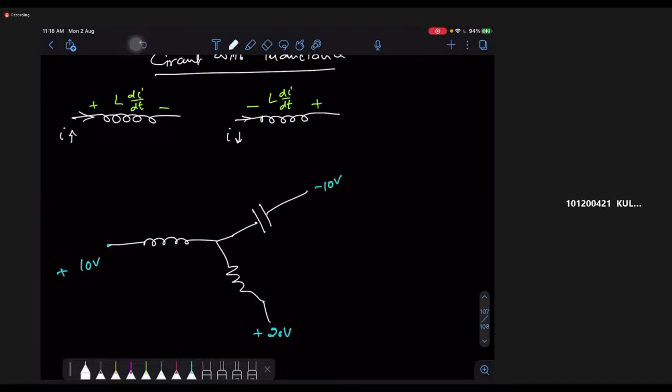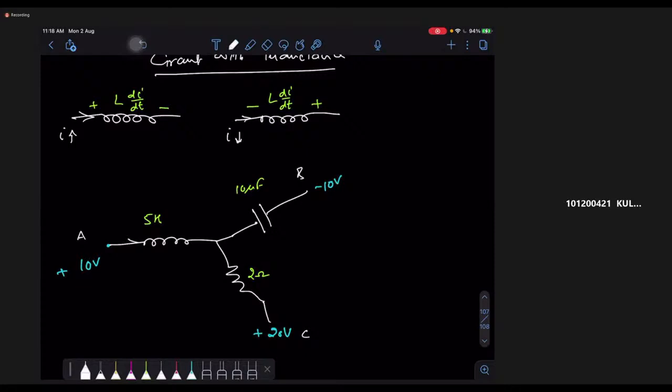I can give the names here A, B, and C. This resistance, let's say, is 2 ohm. The capacitor here is 10 microfarad, and here is 5 Henry. Henry is the unit of inductance.